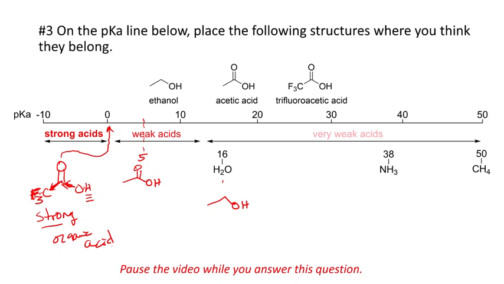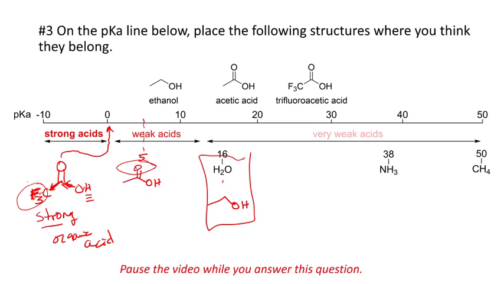Okay? So, similarity to water tells us the ethanol is going to be about the same place. The acetic acid has this extra carbonyl group pushing it down, and it turns out that's worth about 11 pKa units and puts it down at 5. And then adding this induction effect over here with the trifluoro brings it down another significant way.